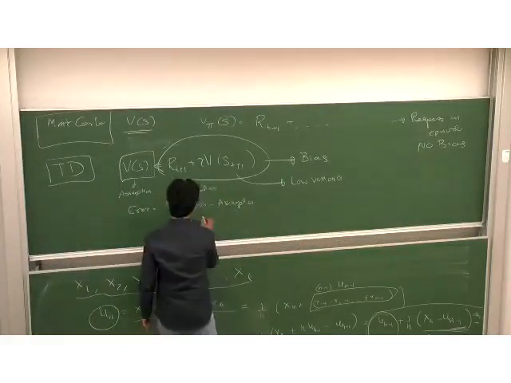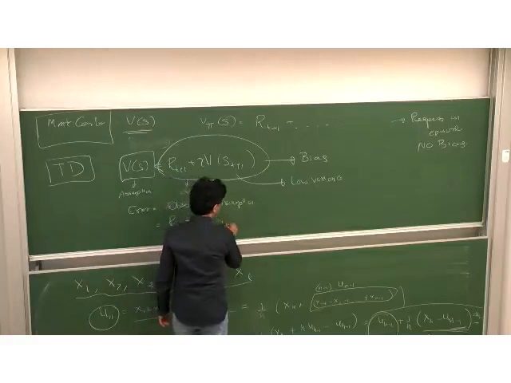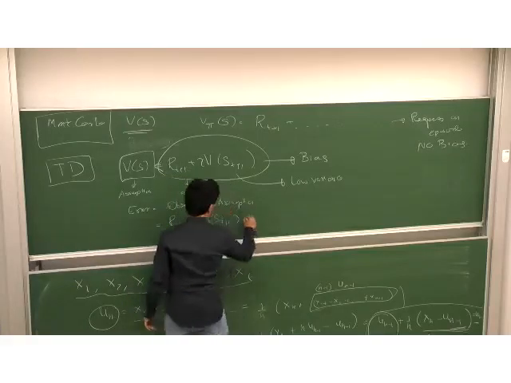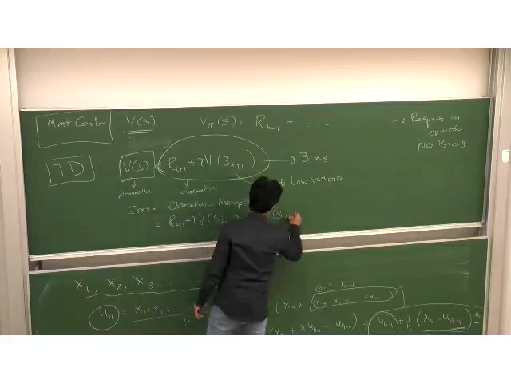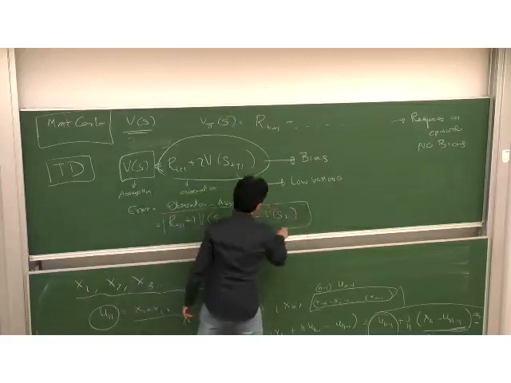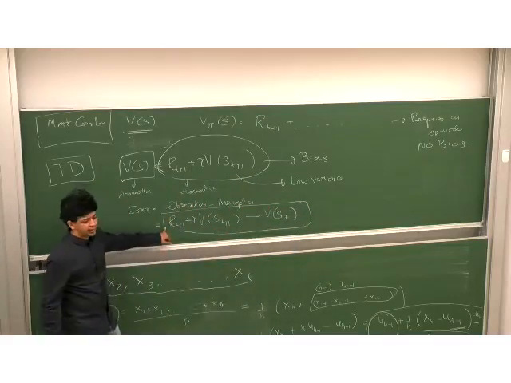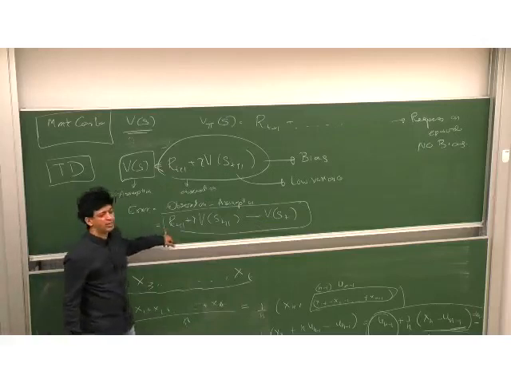So this gives you R t plus 1 plus gamma, the current value of S t plus 1, minus the current value of the state. This is the error. And whenever you update, you update a fraction of your error.